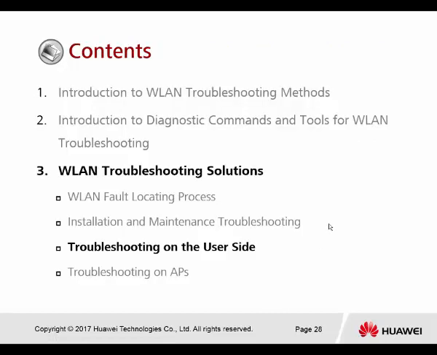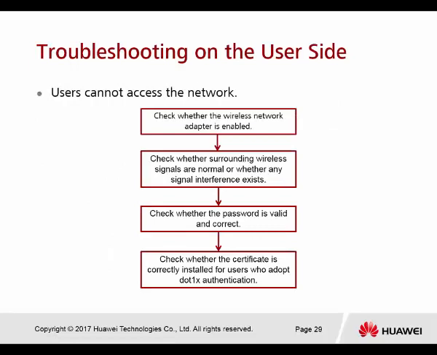Troubleshooting on the user side. When the user cannot access the network, check whether the wireless network adapter is enabled. Some users accidentally go into the wireless adapter settings and disable the adapter, so the wireless loses its function.